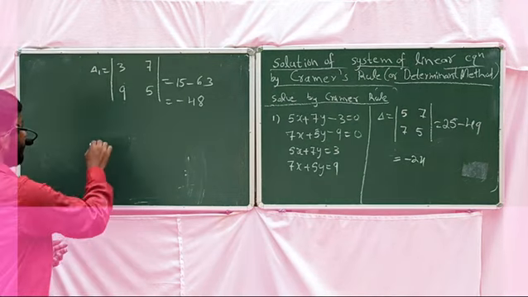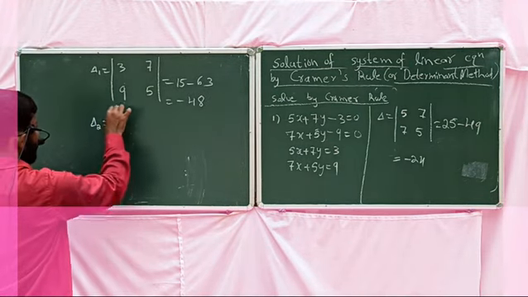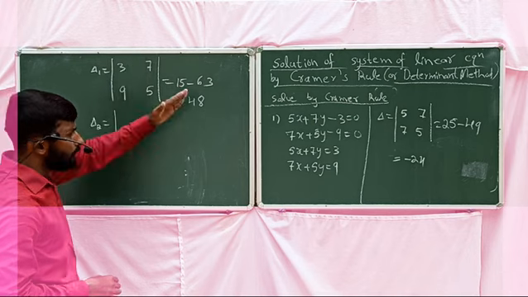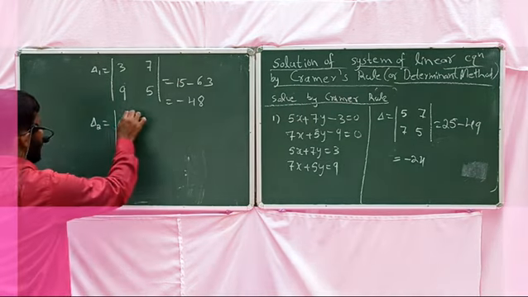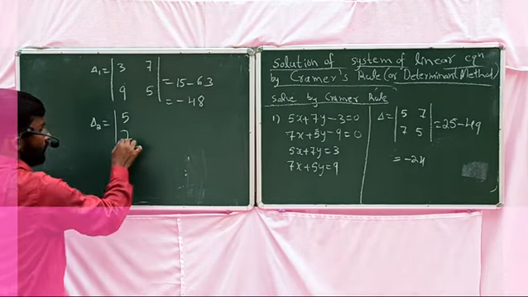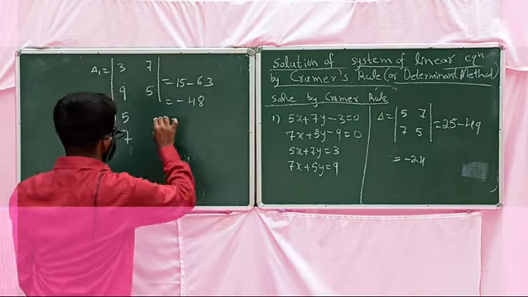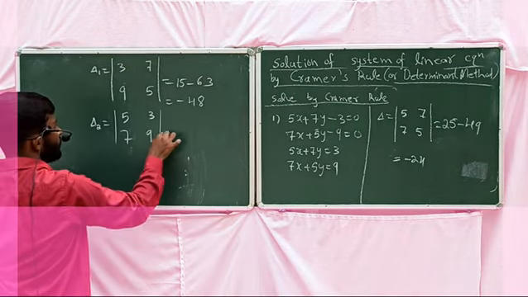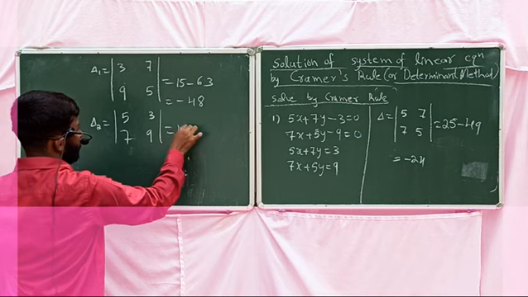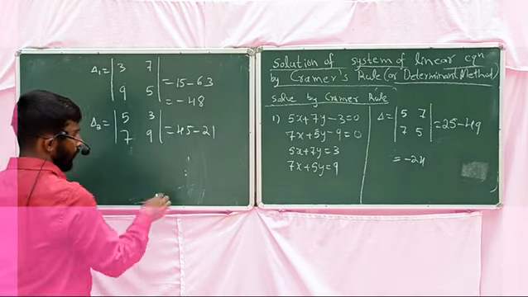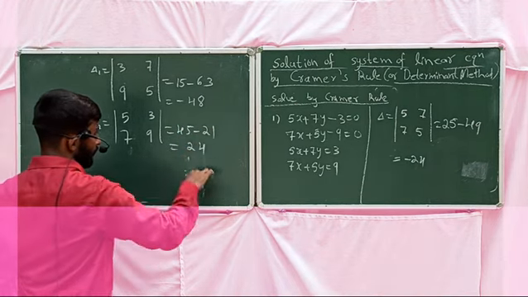Then delta 2 is obtained by replacing column 2 with the constant terms. So 5, 7 remains the same. Then what are the constant terms? 3, 9. It's equal to 45 minus 21, its value is equal to plus 24.